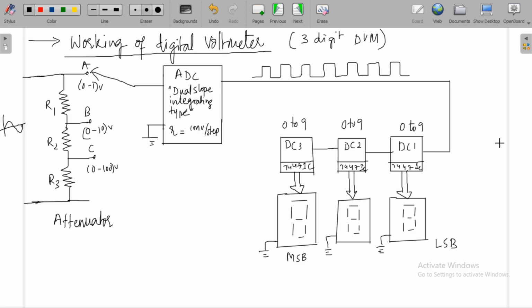Here you're going to have decimal point selector also. You're going to have switch.